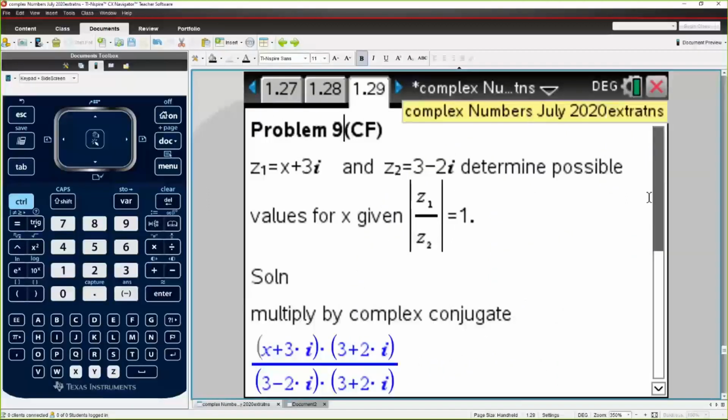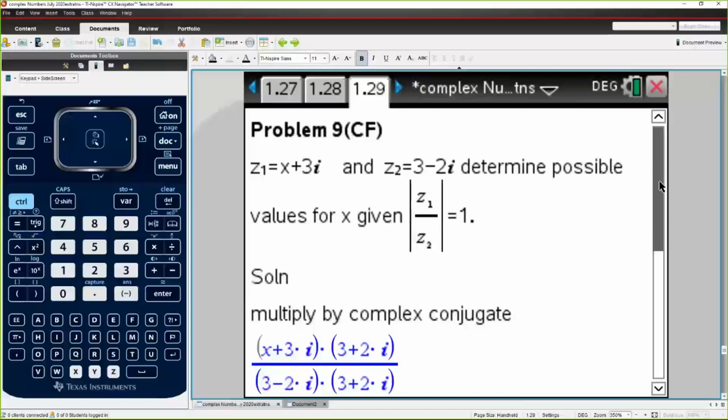Let's look at this one. If z1 is equal to x plus 3i and z2 is 3 minus 2i, determine possible values of x, given that the modulus of z1 over z2 is equal to 1.